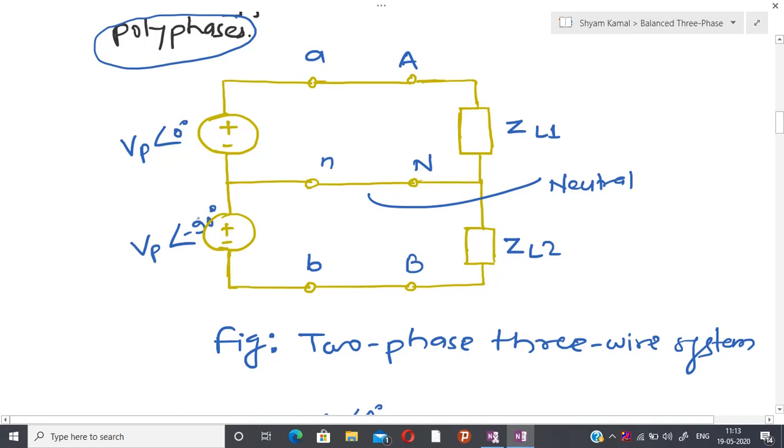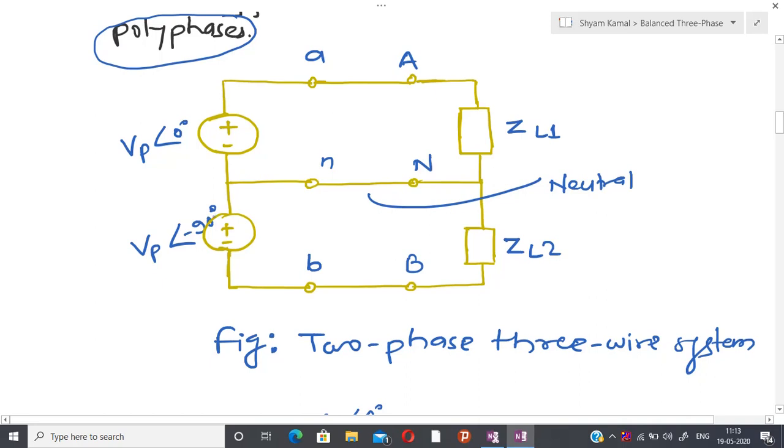Basically a two phase system, which I am considering in this figure, is produced by a generator consisting of two coils placed perpendicular to each other, so that the voltage generated by one lags the other by 90 degree, and due to that reason I have written 0 degree phase here and minus 90 degree phase here.